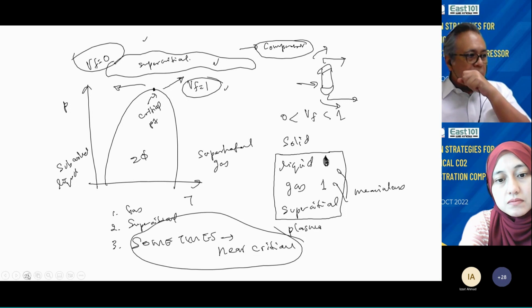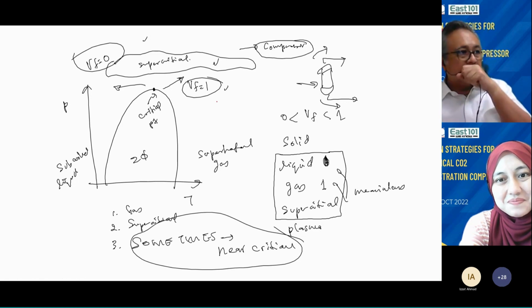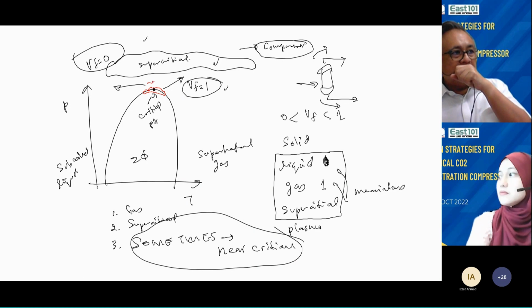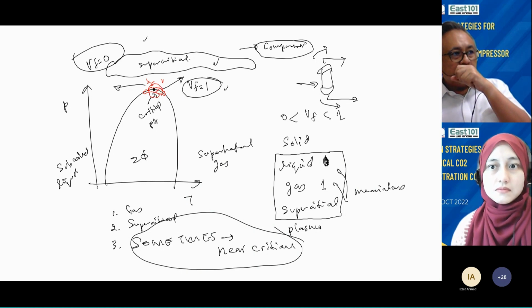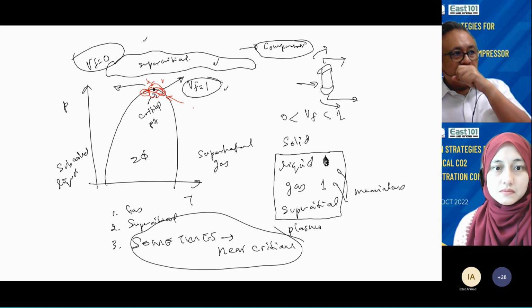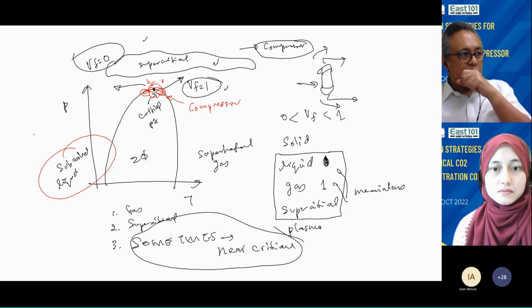When you're near critical, somewhere around here, where your density is starting to flip between liquid and vapor, it is actually quite compressible. So while you're around here, it might be necessary for you to use a compressor object. If you have pure liquid, if you're subcooled liquid, then you use a pump object.